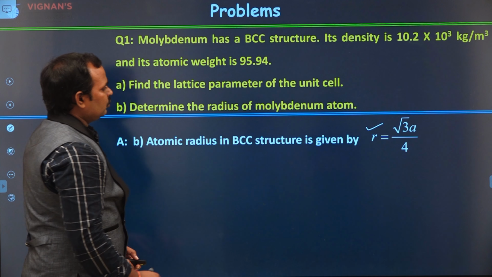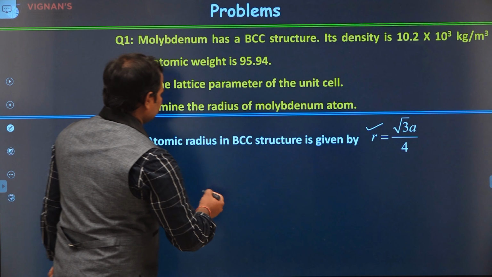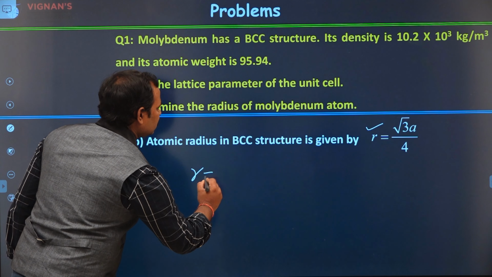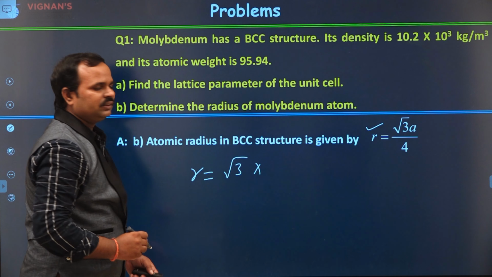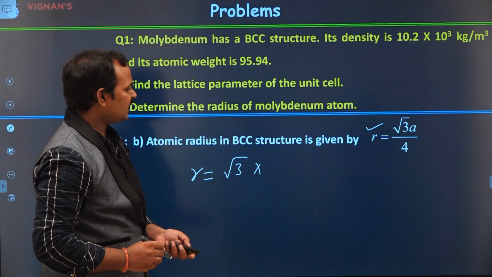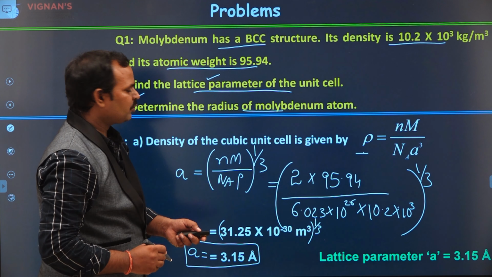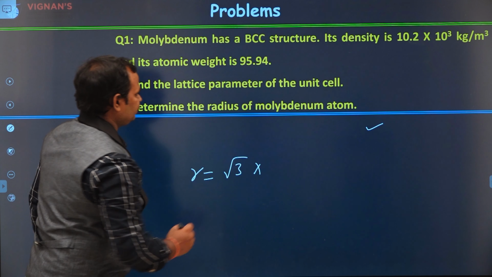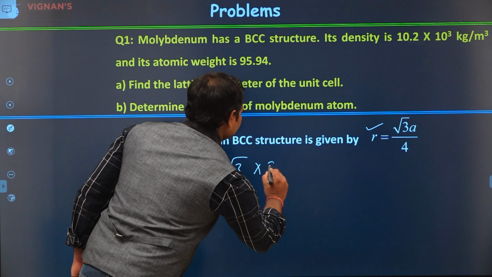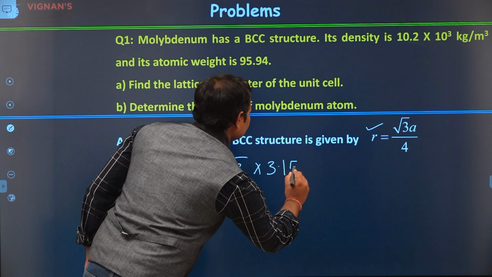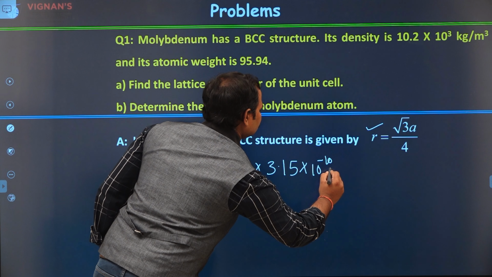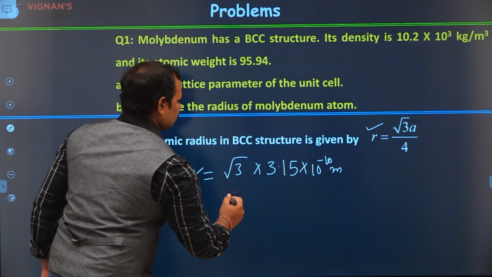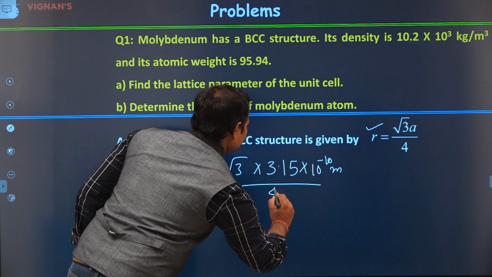Let us substitute: R is equal to root 3 into the lattice parameter which we found, 3.15 angstrom units, by 4.